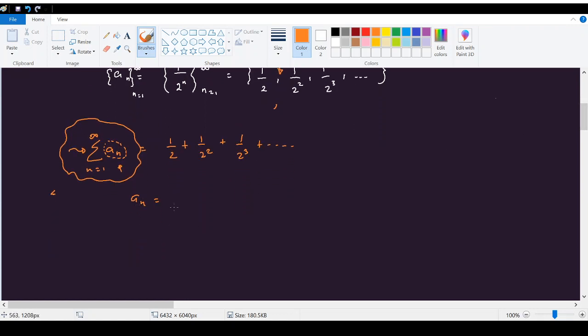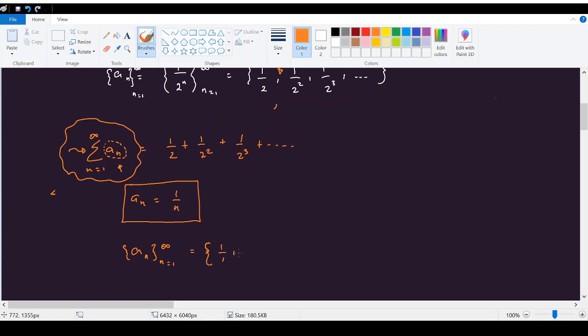Let's do another example. Say we have this as our sequence. This is the nth term of the sequence, and to express it correctly, I have to write it like this. This is the sequence notation, and a more illustrated form is the list of elements.